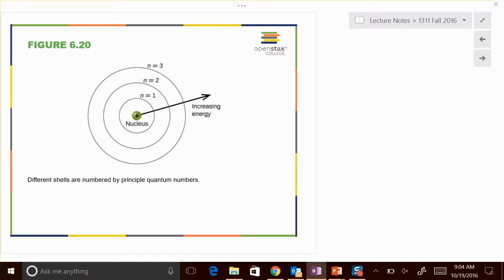Now, our periodic table, if you look at it, do you see the numbering 1 through 7 down the side? That represents these energy levels: 1, 2, 3, 4, 5, 6, 7. So there are 7 what we call principal energy levels.